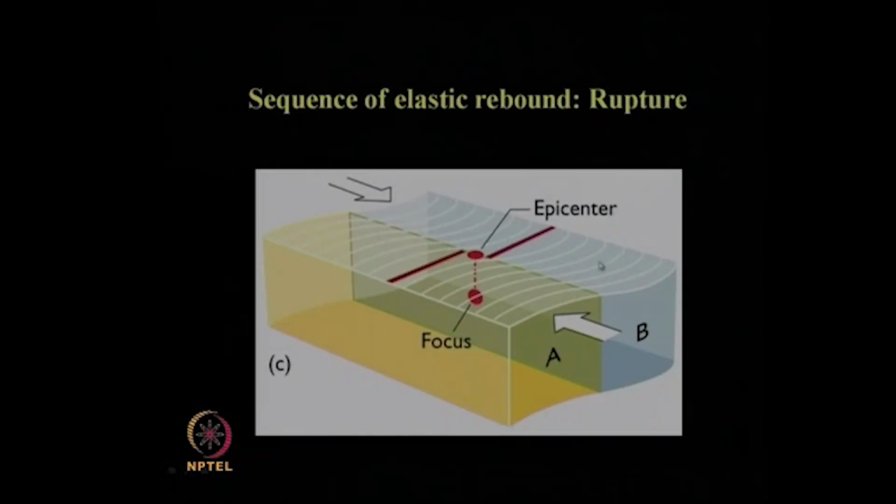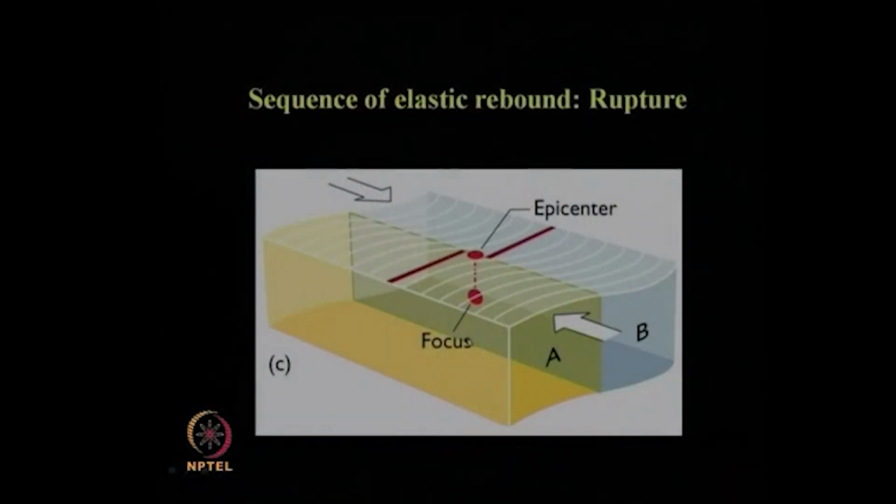Once the bending stresses getting developed within that rock exceed the limit of the strength of the rock, that is, the limit up to which the rock can withstand a certain amount of stresses, what will happen when it goes beyond that amount of bending stresses? It will rupture, subject to that amount of bending stress which crosses the limit of the strength of the rock. That is what it shows in this picture.